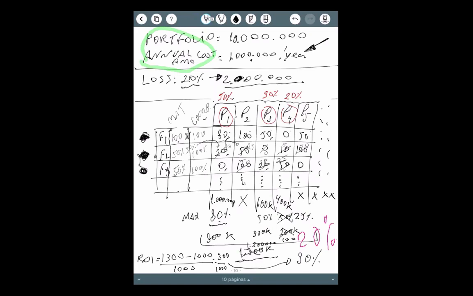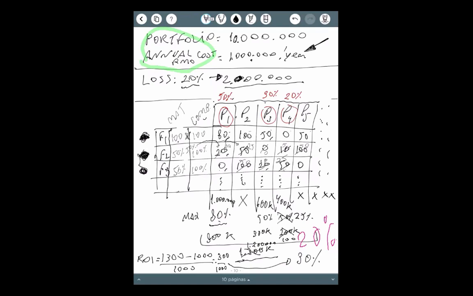If you don't have a good ROI, what can you do? First, you can try to improve the maturity or improve the competences of the functions that you are providing. That's one way to improve.